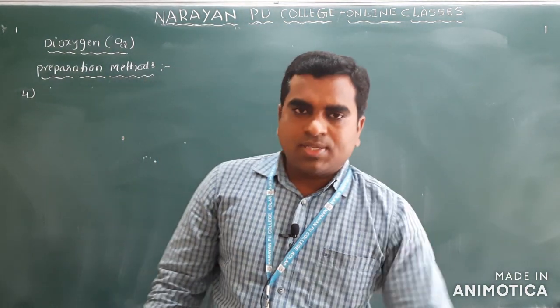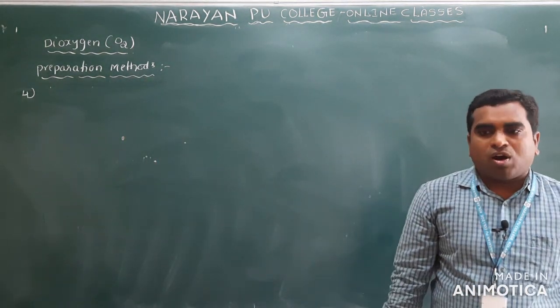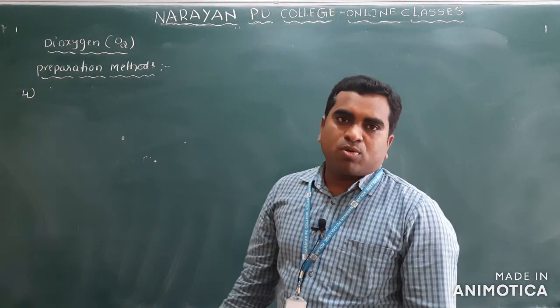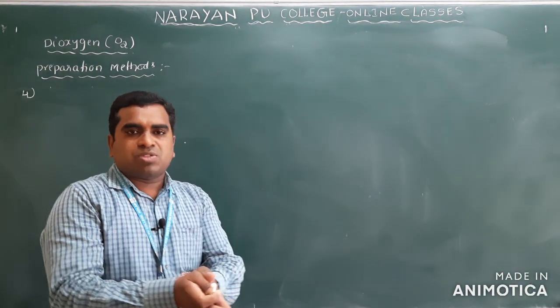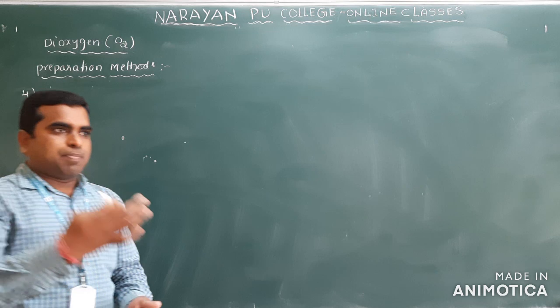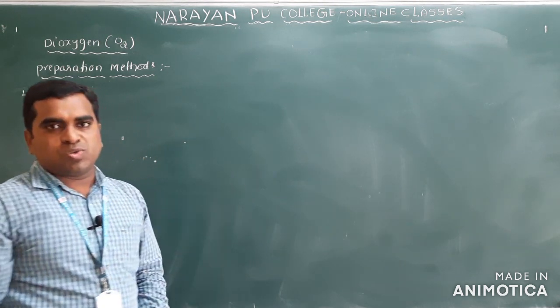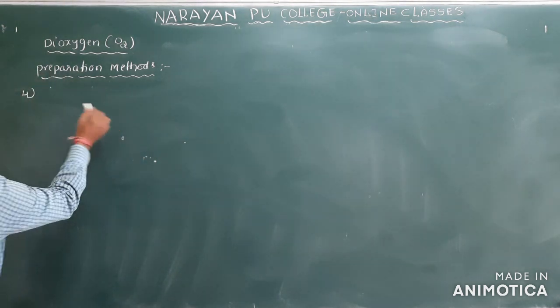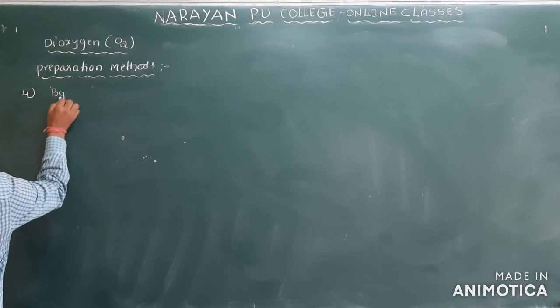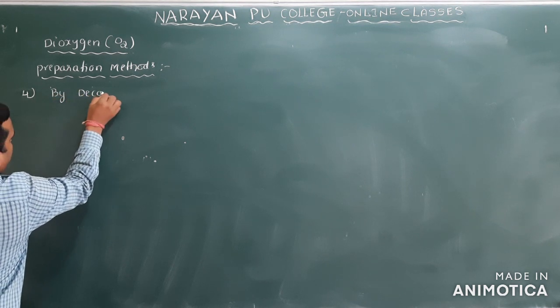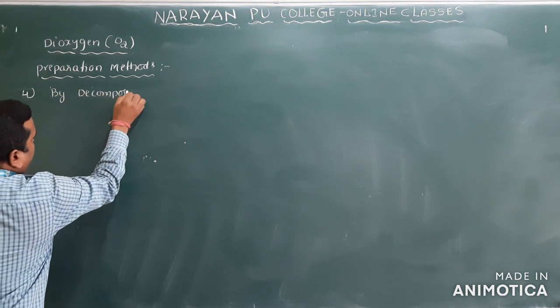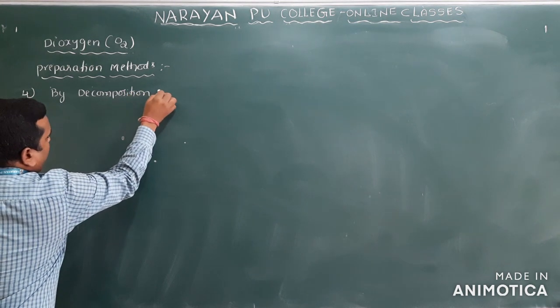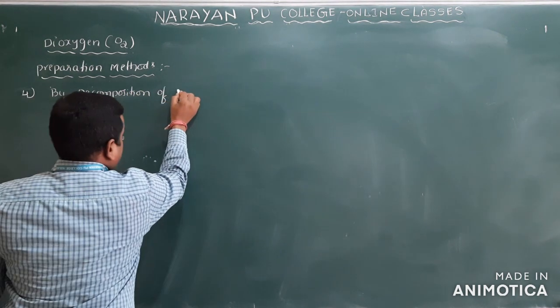So next one is by the decomposition of oxygen rich compounds. Oxygen rich compounds will be there, and if you supply heat energy, those also produce oxygen. Put the heading here: by decomposition of oxygen rich compounds.